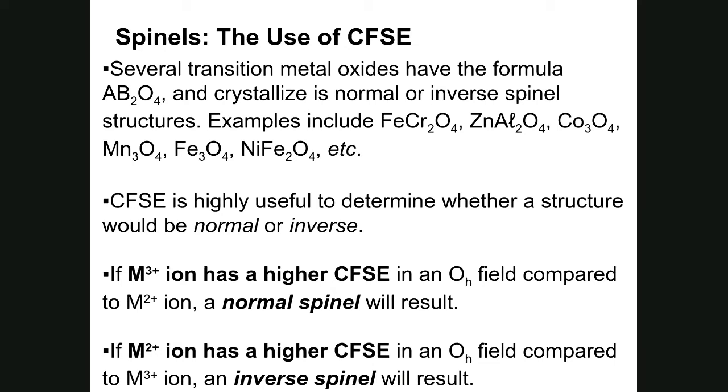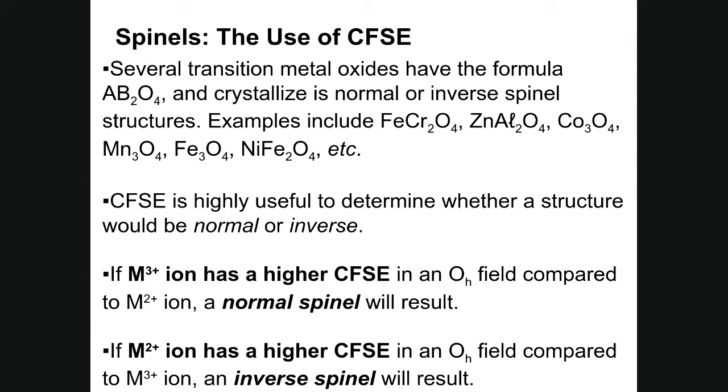We said it has a normal structure if the divalent ion is in the tetrahedral site and the trivalent in the octahedral site. But it's inverse if 50% of the 3+ oxidation state is now in the tetrahedral site, while half of it remains in the octahedral site and the 2+ joins it in the octahedral environment. That is inverse.